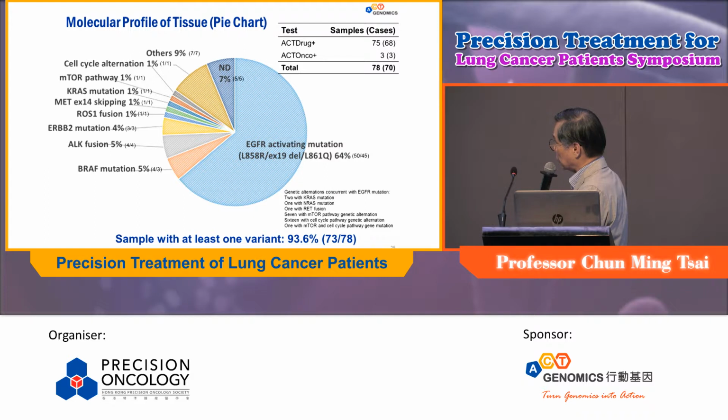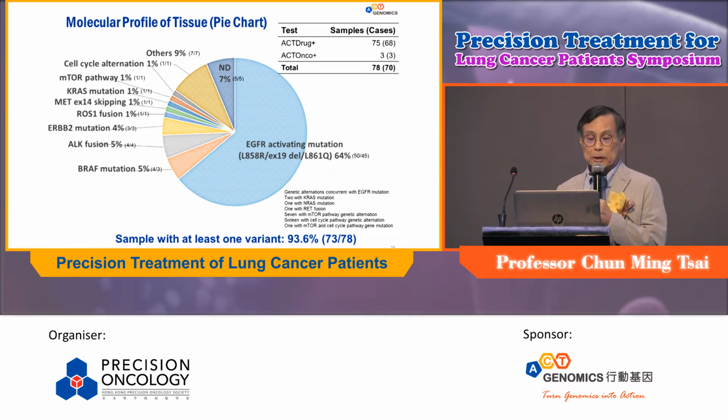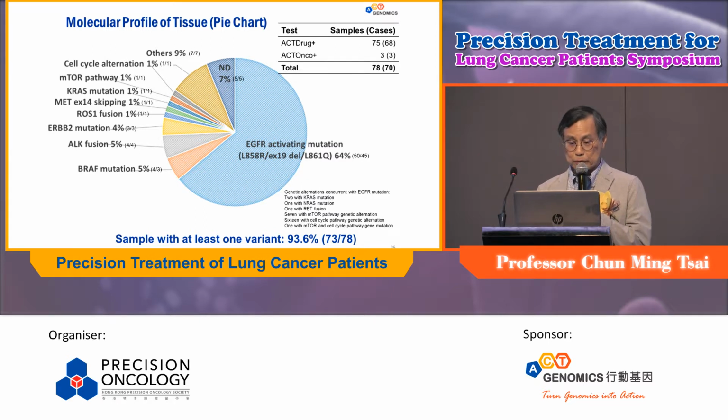And we can find, like you read in the papers, mTOR, KRAS, MET exon 14 skipping, ERB2, ARC, and BRAF. That's from tissue. The proportion of samples with at least 1 variant detected is 93.6%.